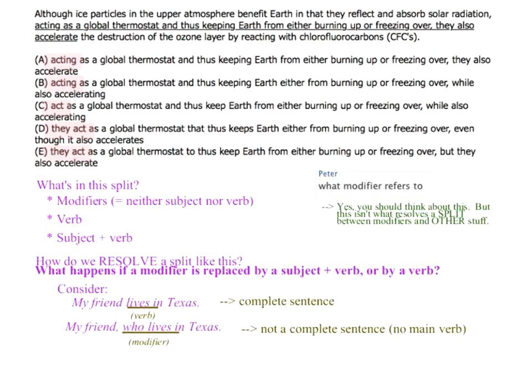So if you see this kind of split, that's what you're dealing with. You're dealing with things that either create sentences or don't create sentences. So if modifiers are replaced by elements that can't be eliminated, remember modifiers can be eliminated.